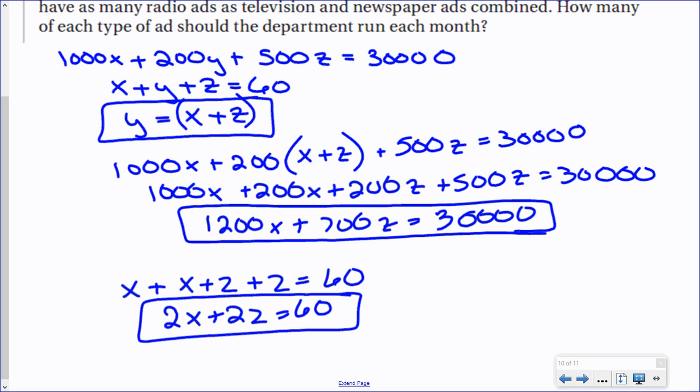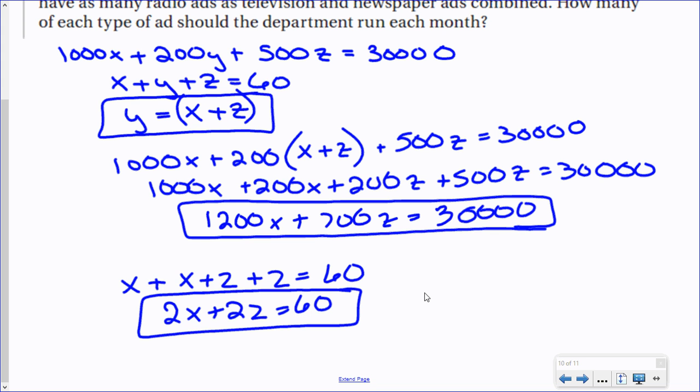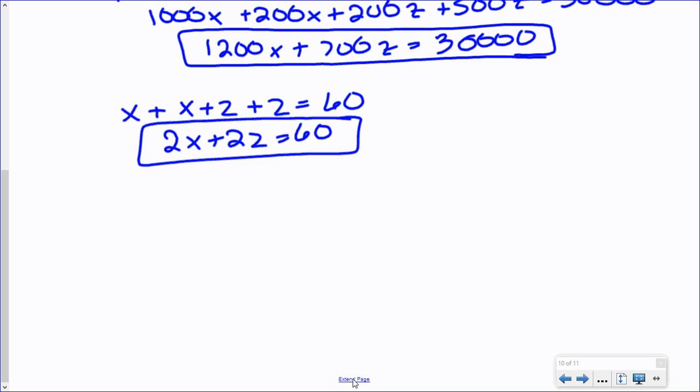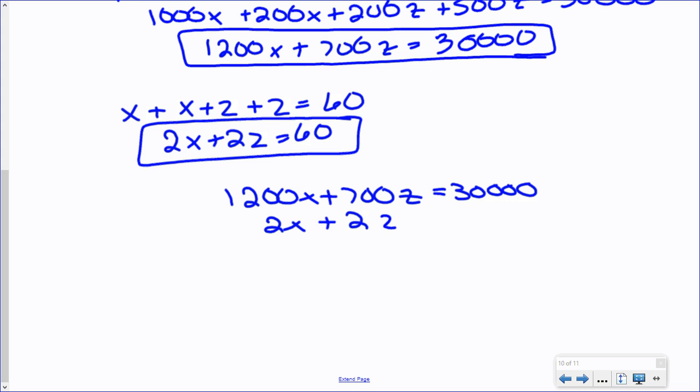Okay, perfect. So I don't have any more y's, so now I can set those two up where I can eliminate or substitute and get that one figured out. So let's go down just a touch more. There we go. Put them beside each other. All right, so if I take the bottom times negative 600, I get it to cancel out.